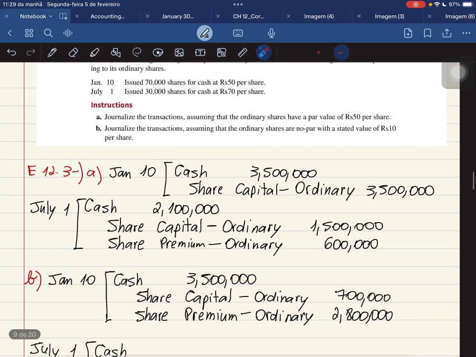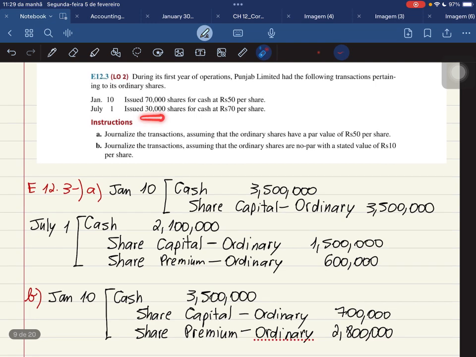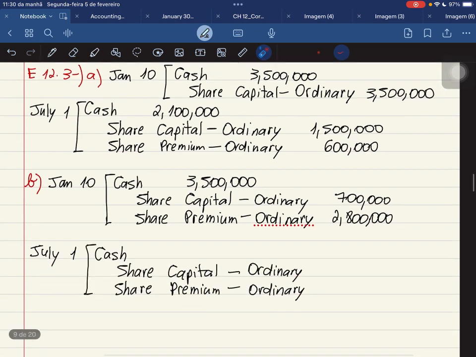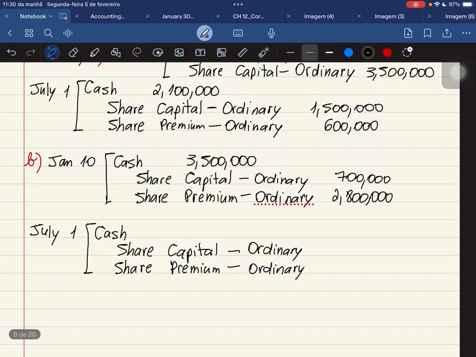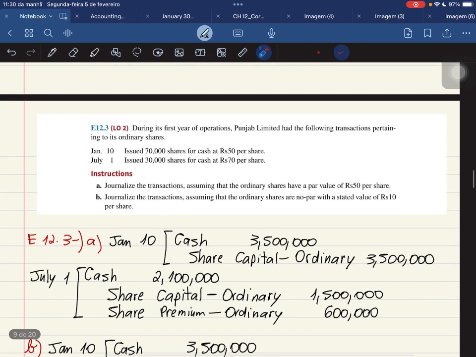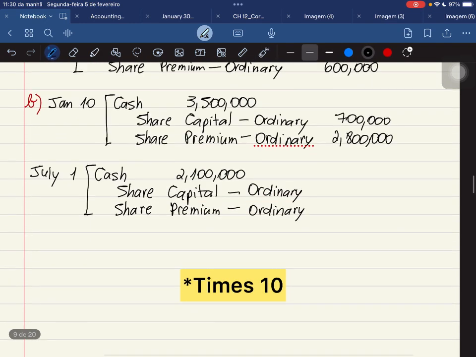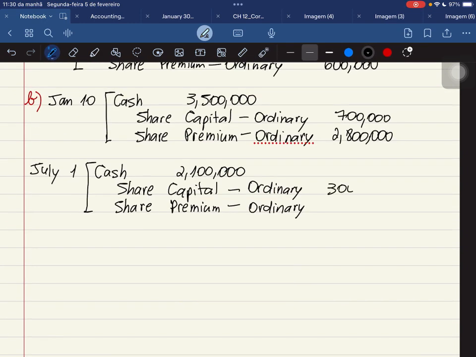Cash amount, 30,000 times 70. That gives us 2,100,000. Share capital ordinary is going to be 30,000 times 10, which is going to give us 300,000. And share premium ordinary is going to be the difference. In this case, it is 1,800,000.